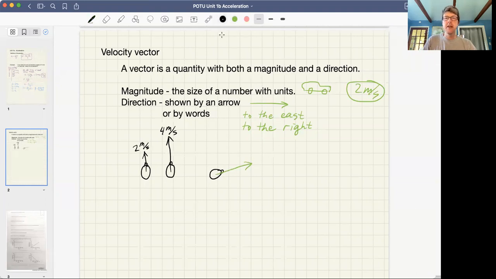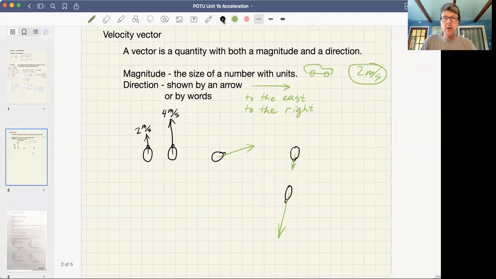And if the bug then turns around and goes this way slowly at first, then it has a small velocity like that. Then let's say it speeds up, and a little while later, it's going up really fast. It's going to have a larger velocity vector. So that's the velocity vector.